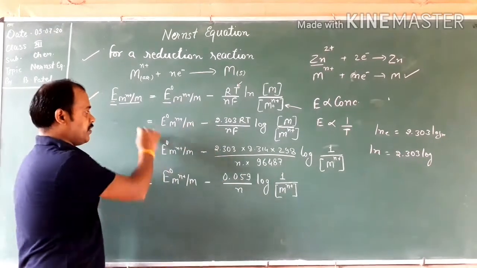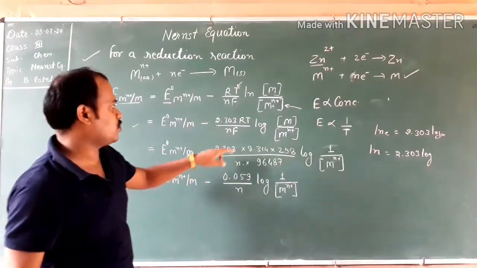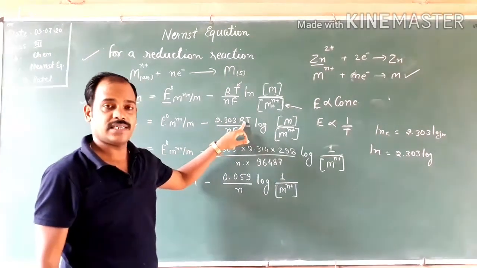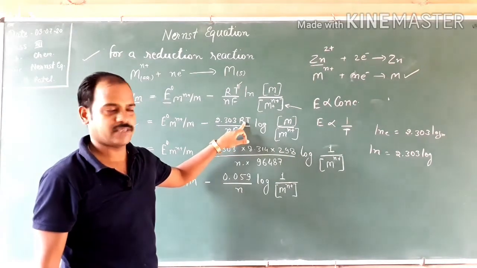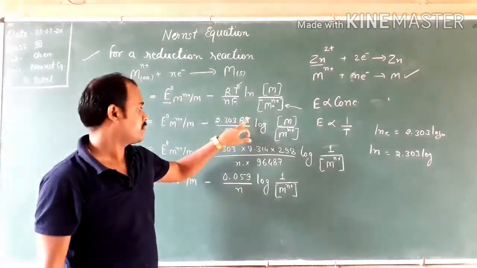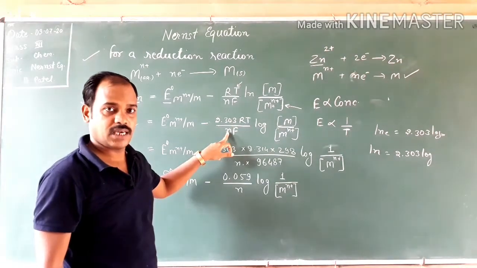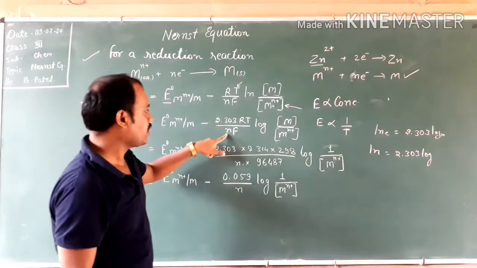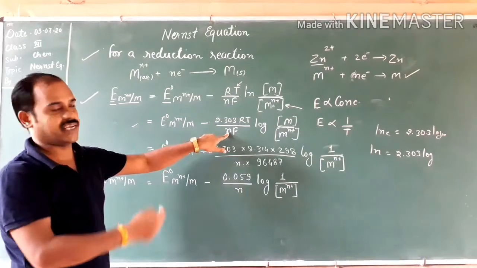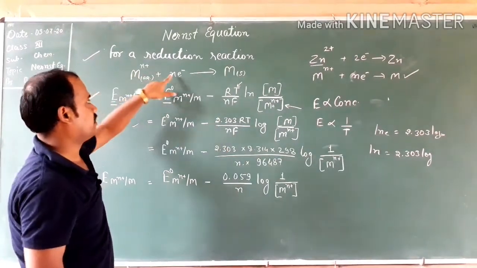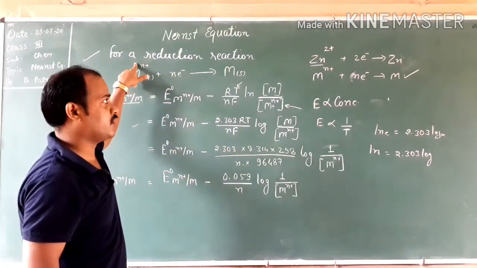In this equation we will put the values. What is R? R is the gas constant. T is temperature. And n is the number of electrons involved in the reaction. This n depends on the type of reaction. For this reaction, the number of electrons is equal to the number of charges.